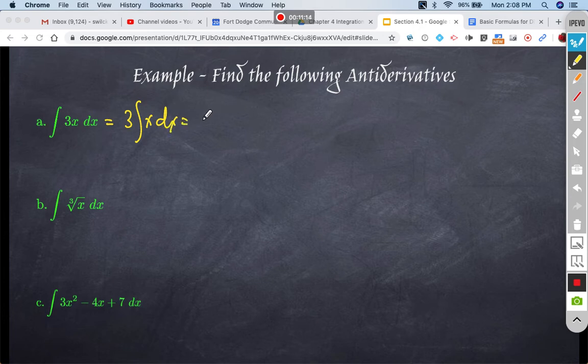Then I look to my sheet: the integral of x is x to the second over 2, because this is x to the first, plus a constant. Don't forget your constant. Then I'm going to rewrite this as 3 halves x squared plus c.